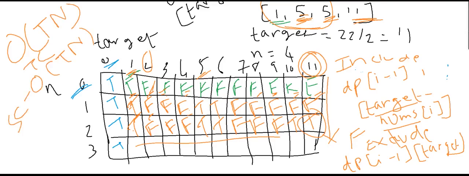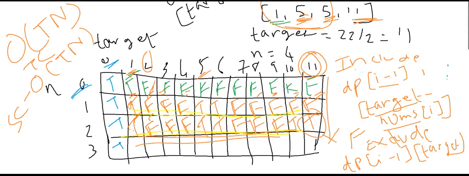Can we reduce this SC? If you look here, target minus nums of I is the previous column, I minus 1 is the previous row. So we are looking at the previous row and the previous column in that previous row. So for populating this row, we are looking at this row element.